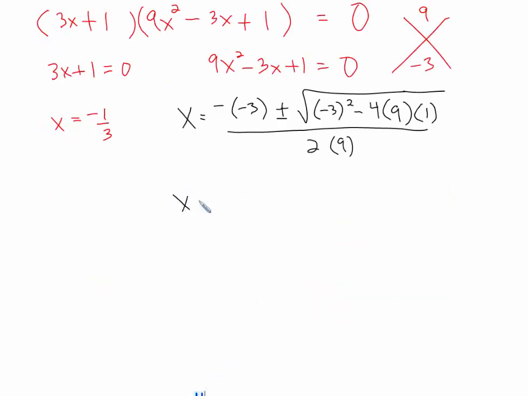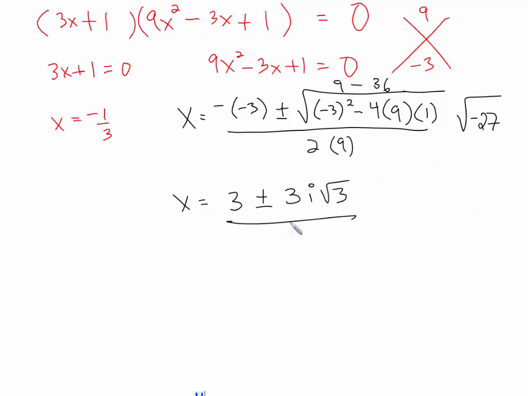So if we do the work, we're going to end up with positive 3 plus or minus, in here we work this out, we're going to end up with positive 9 minus 36. So this is going to give us the square root of negative 27. So if you simplify this, we're going to end up with 3i square root 3 over 18.